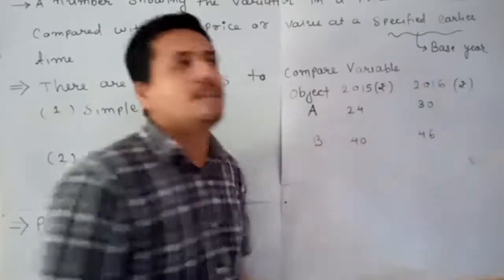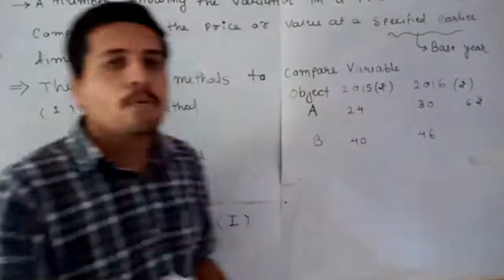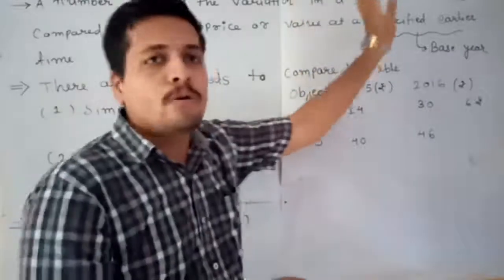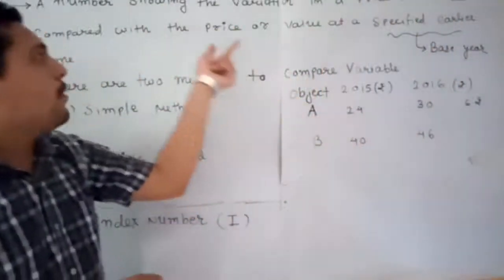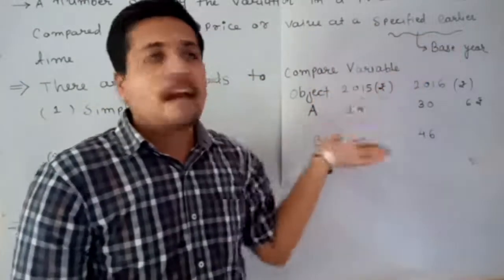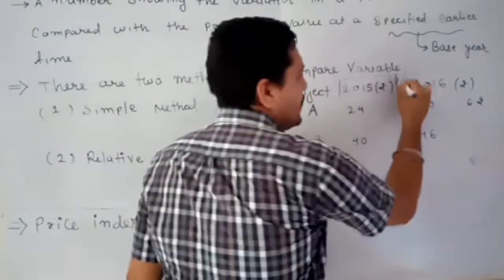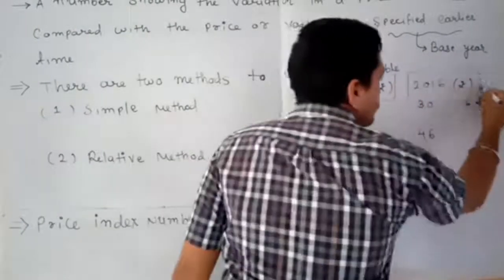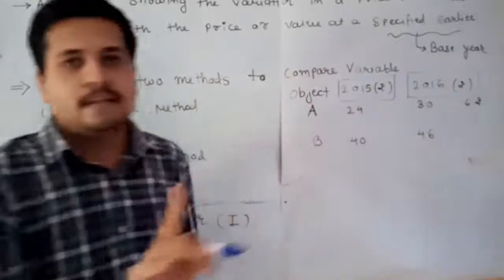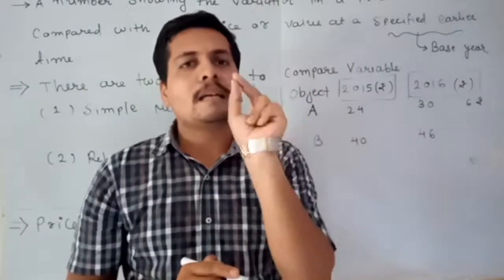Is it clear? So we have to compare a price or value with some other specified earlier time, which we know as the base year. Here the base year is 2015 and our current year is 2016. So in this chapter, one is base year and the second is index number.